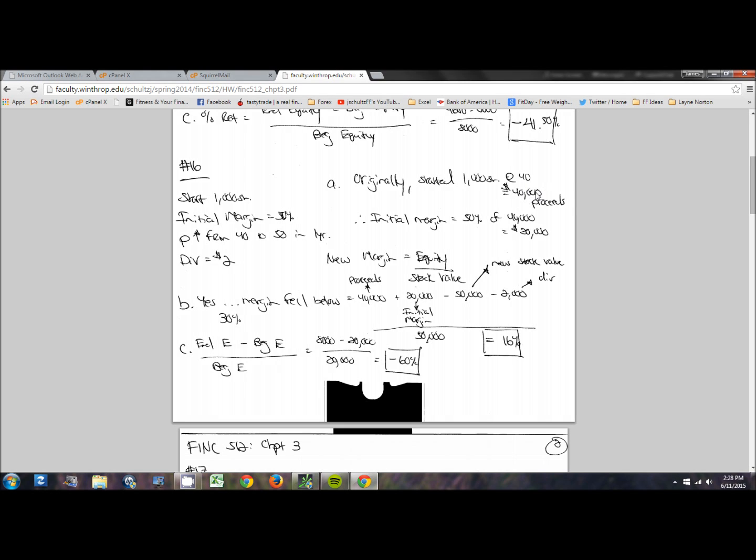Is this an asset or a liability for you right now? I'm going to pause for a second and think about that. See if you can figure out the answer before I tell you. These $40,000 of proceeds that you have received from shorting this stock, is this an asset or a liability?